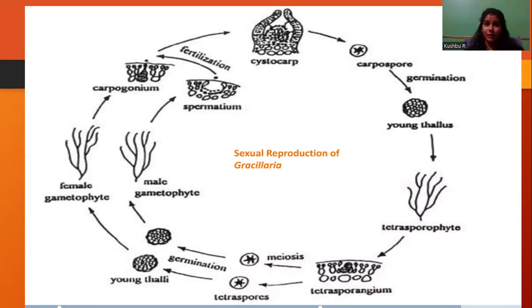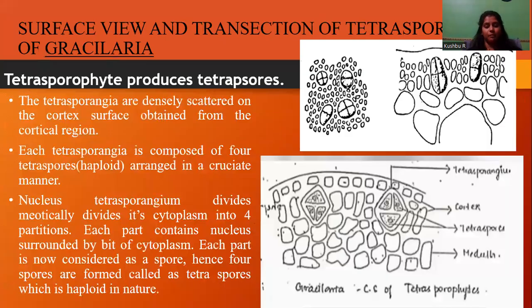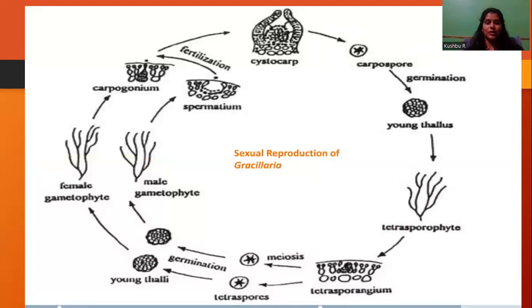Tetrasporophytes are the type of thalli that produce tetraspores. Now this tetrasporangium will produce tetraspores, where 4 spores will be produced, where 2 spores will germinate and become female gametophytes, and 2 spores will become male gametophytes. So this is how the cycle of Gracilaria works, where along the way they produce spores and they germinate. They either become gametophyte or they become sporophyte.